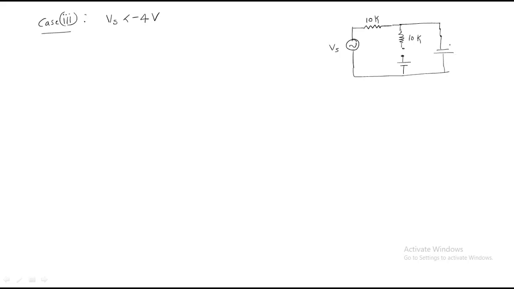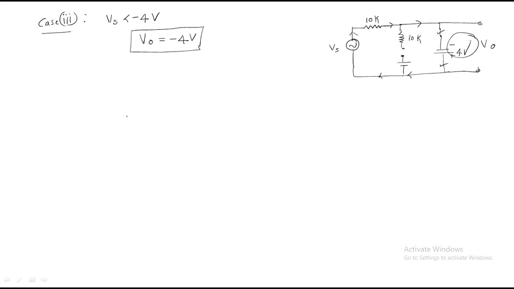This is V0. Some current will flow through here, but if you find the voltage, it will be minus 4 volts. Then the exact output will be minus 4 volts. So we are getting three cases: first case, second case, third case.